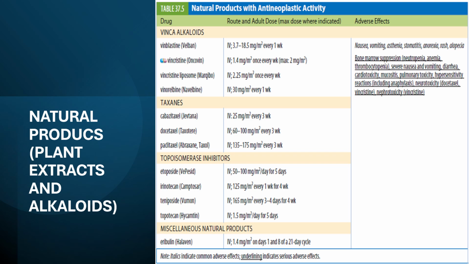Topotecan is approved for small cell lung cancer. Irinotecan is indicated for metastatic colorectal cancer. Bone marrow toxicity is the primary dose limiting adverse effect of drugs in this class.